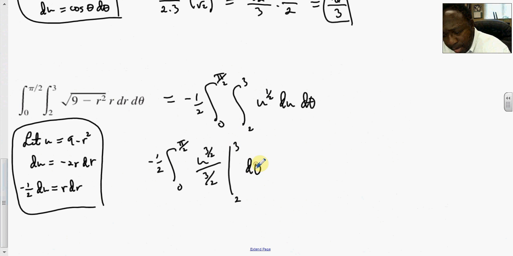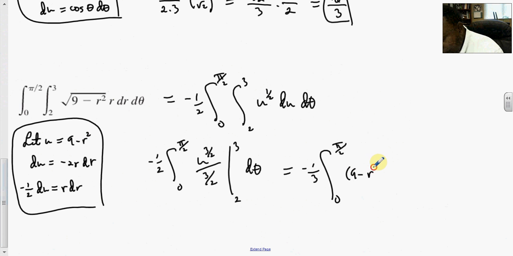And then out here we have that d theta. Let's simplify that. The 2 goes upstairs, cancels out with that 1/2. So what we have left here is a negative 1/3 times the integral from 0 to pi over 2. And the u, you remember, is 9 minus r squared. And that's raised to the 3/2 power. And that form is being evaluated from 2 to 3. And this is d theta out there.